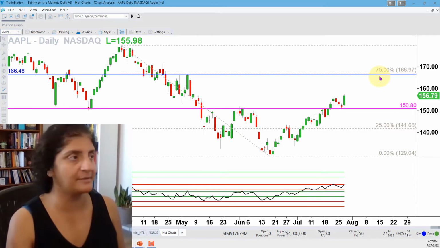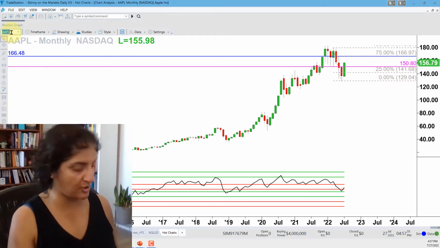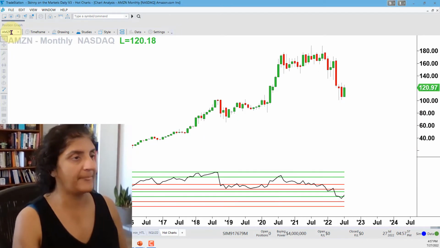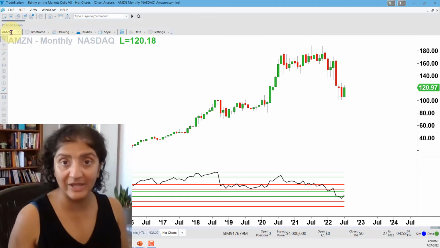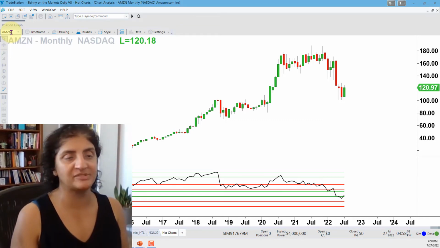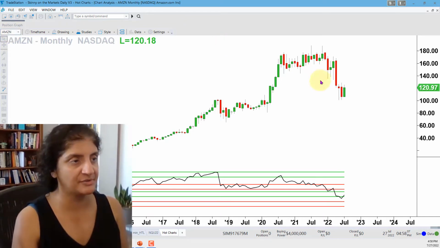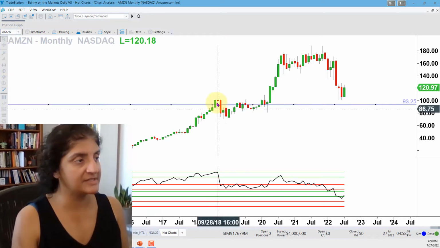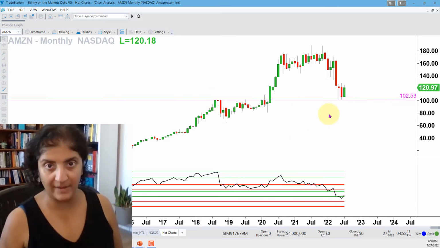Now let's take a look at Amazon. So I'm just going to change the time frame back to monthly and change the same chart to Amazon. All right, on this Amazon chart, every bar represents an entire month of price action. We came back to these levels back here, which were old tops and old bottoms.